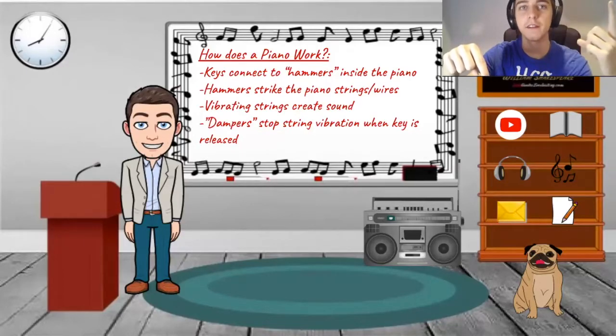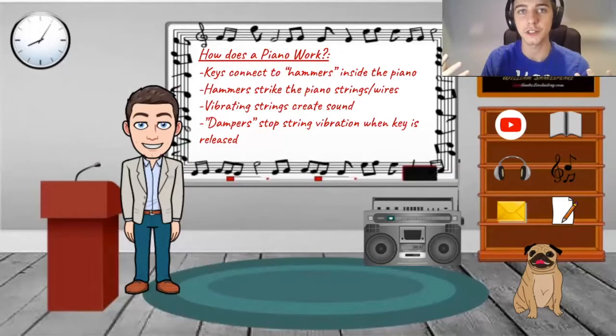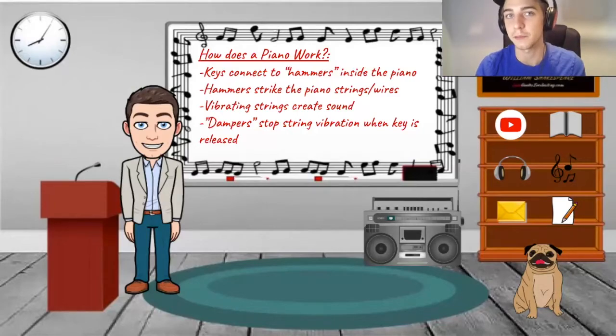And that striking of the string creates a vibration, and that's what creates the sound. And so at the bottom end of the piano where we have longer and thicker strings, that's going to give us lower sounds. And at the top of the piano where we have shorter and thinner strings, that's going to give us higher sounds. Basically, that's what's happening inside your piano.